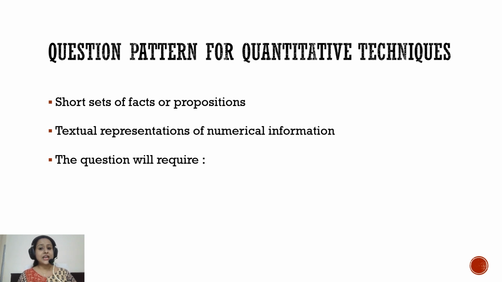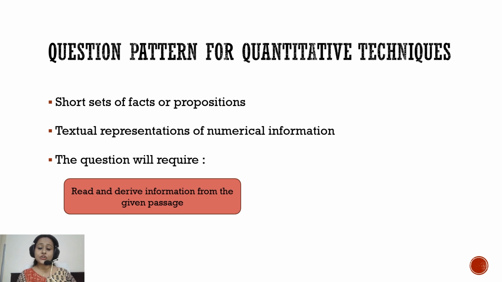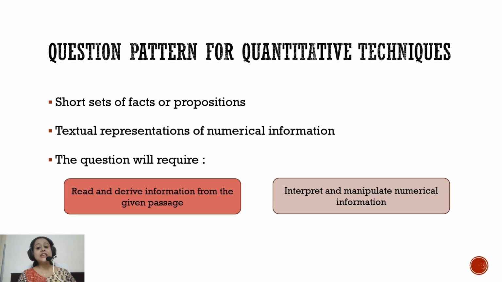Answering the questions for quantitative techniques requires three skill sets or three steps, right? First, you have to read the entire paragraph. We sometimes call it a caselet, right? There will be a short paragraph which will contain numerical information. So first you have to read the passage given, and write down somewhere all the numerical figures which you get from that passage. Then the second step is to interpret and calculate numerical information.